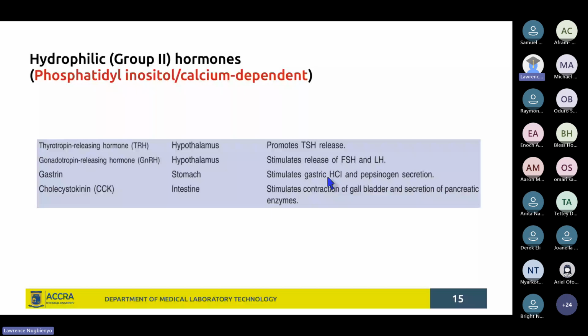Cholecystokinin, also a digestive hormone, secreted by the small intestines, stimulates contraction of the gallbladder.